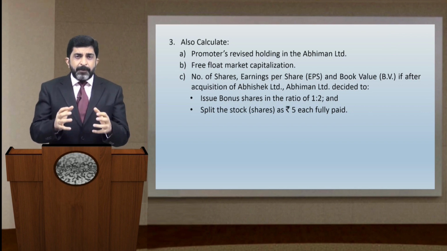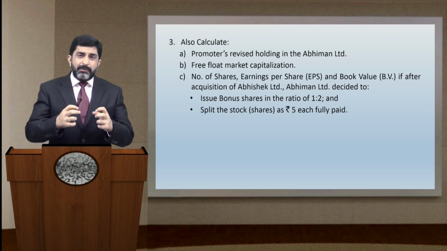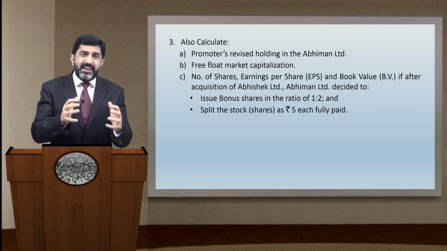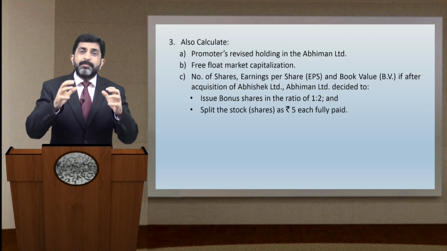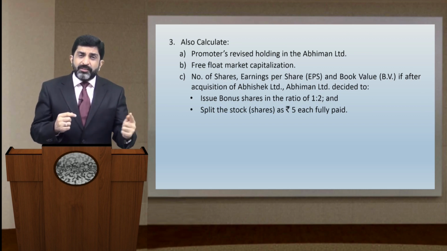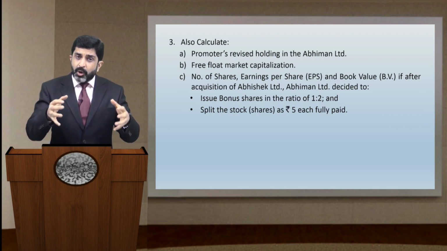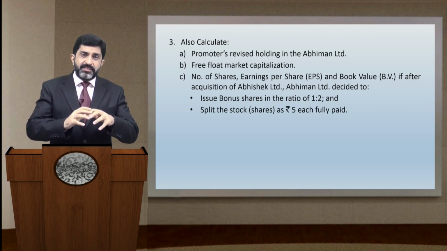Now if there is a promoter or a company which is a promoting company and it itself has retained substantial number of shares with itself as promoters holding, obviously those shares will not be traded among investors in the secondary market because that portion of shares is reserved with the promoters.